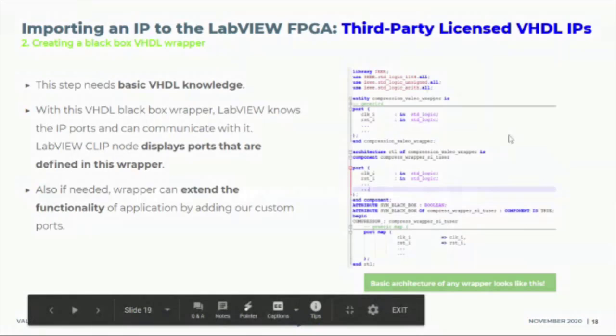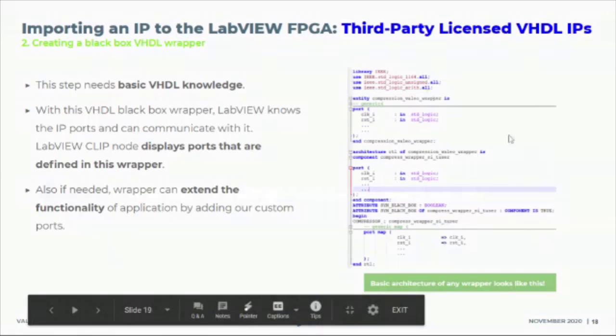Now, with this, I will show you what the video compression FPGA IP that we use looks like. What is the ideal compression and decompression IP? It should be a lossless compression for our case.